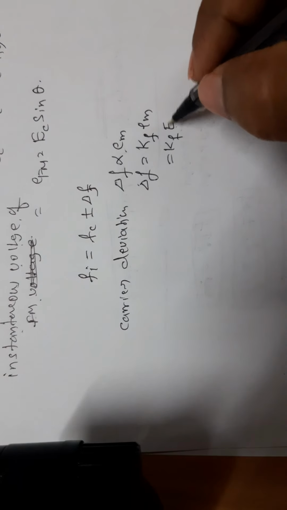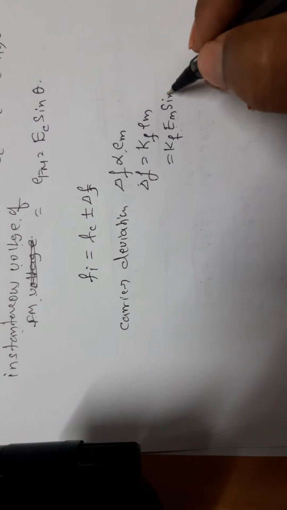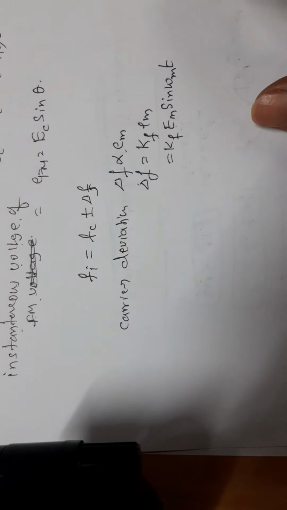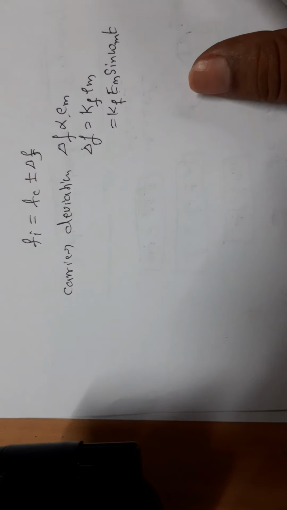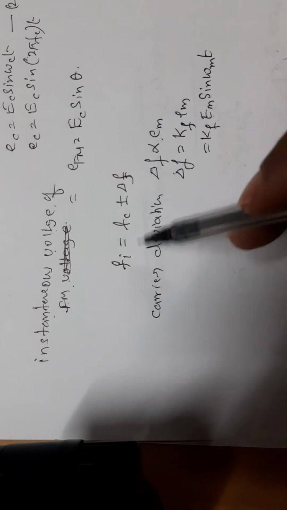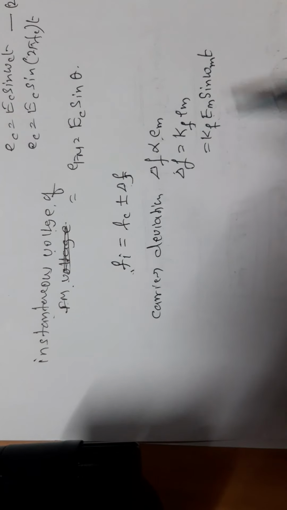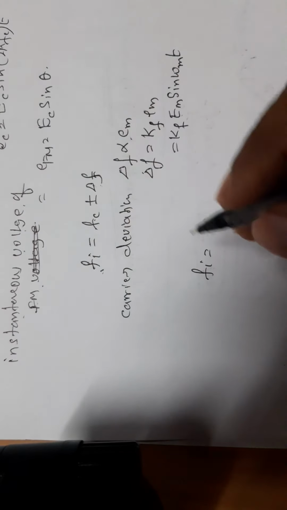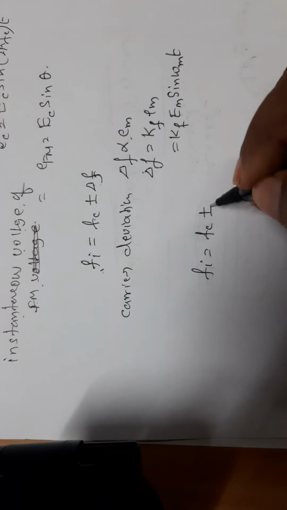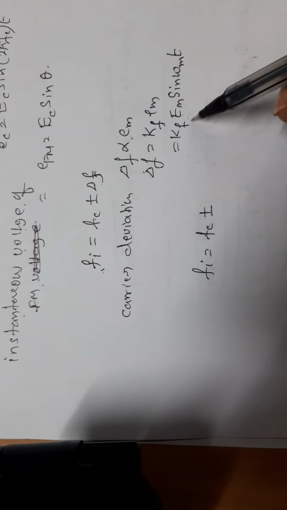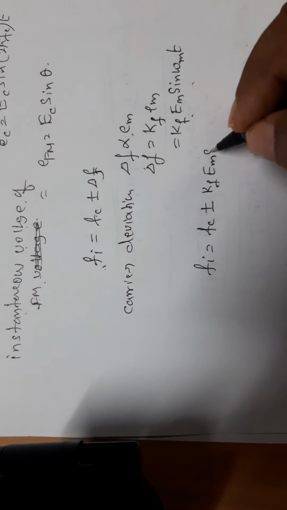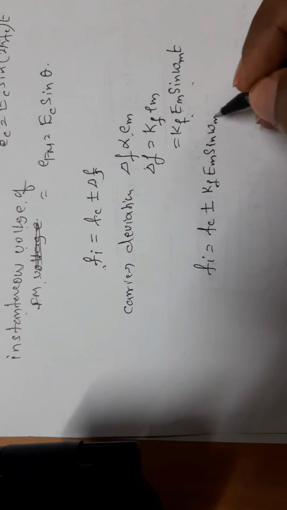Our modulating signal, given by Em into sine of omega mt. Therefore, the instantaneous frequency Fi is equal to Fc plus or minus delta F, which is Fc plus or minus Kf Em sine of omega mt.